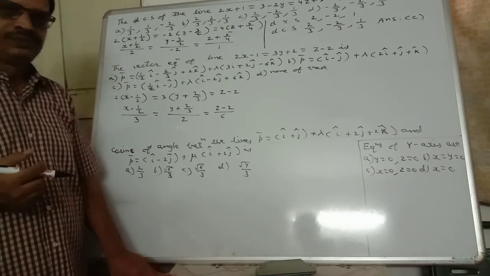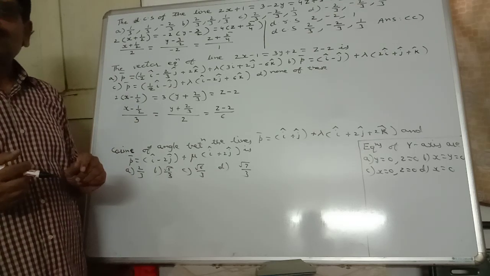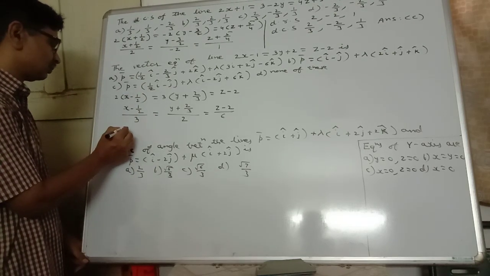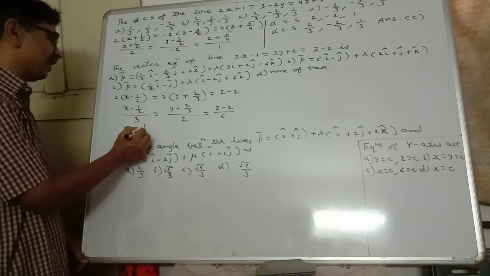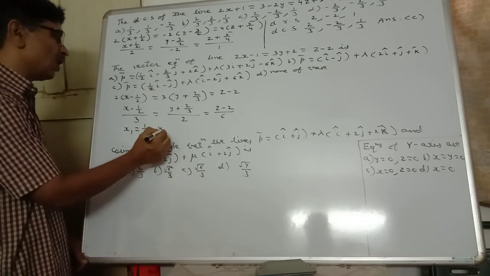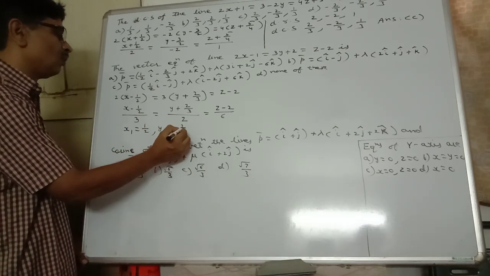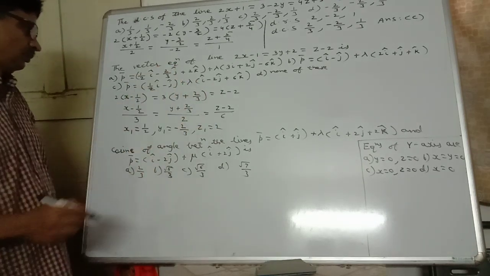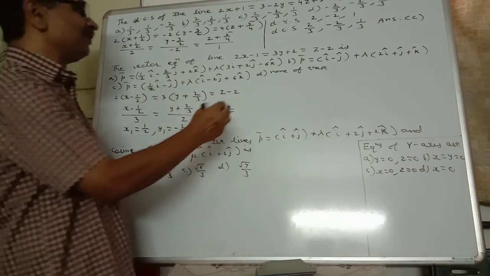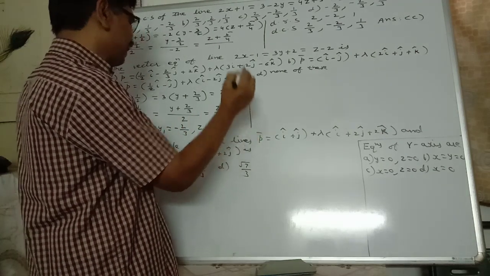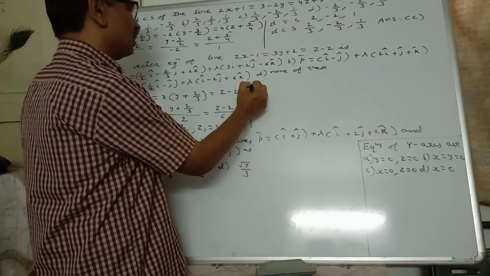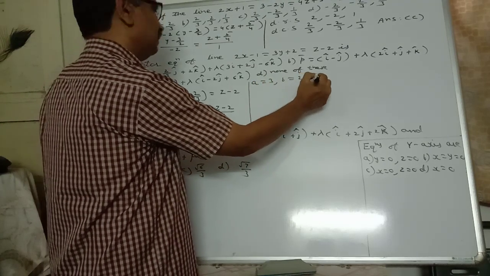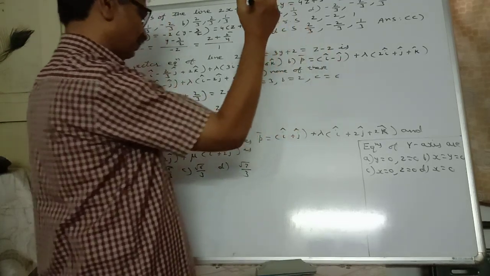Now here, from the numerator, we get coordinates of one point on the line: x1 is 1/2, y1 is minus 2/3, z1 is 2. Numbers in the denominator, they are direction ratios: a is 3, b is 2, c is 6.